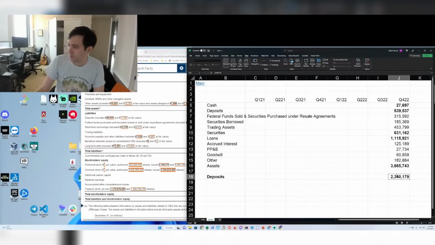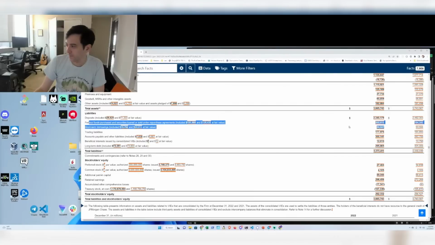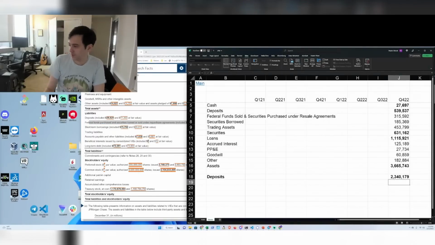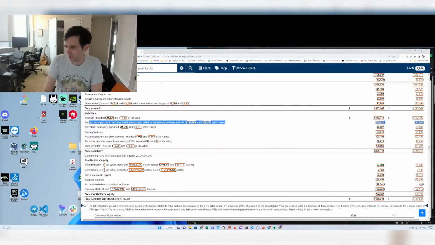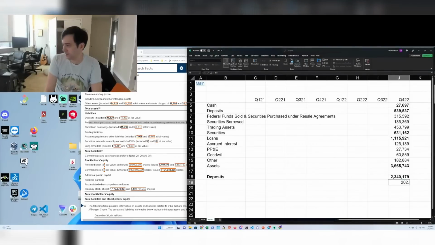So anyway, JP Morgan has 2.3 trillion in deposits and 3.7 in assets. So they're covered now, but they have other liabilities. Let's look at their other liabilities. They have this federal funds purchased liability. What's nice about this is that if you look at the difference between the federal funds sold and the federal funds purchased, they kind of net out a little bit.